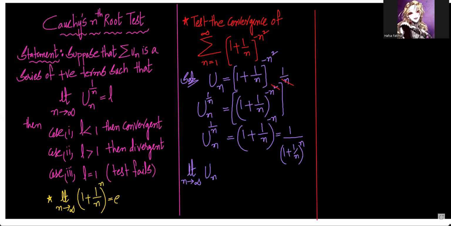Un to the power 1 by n is equal to, now this limit n is approaching infinity, for this term totally 1 by 1 plus 1 by n all to the power of n.